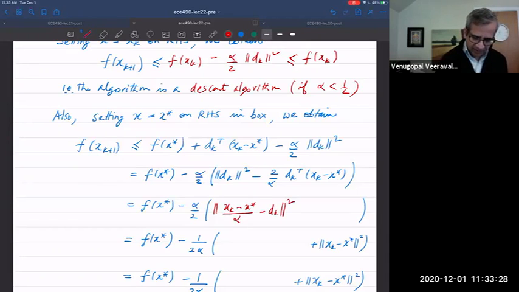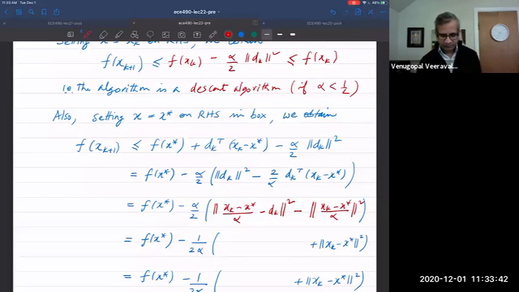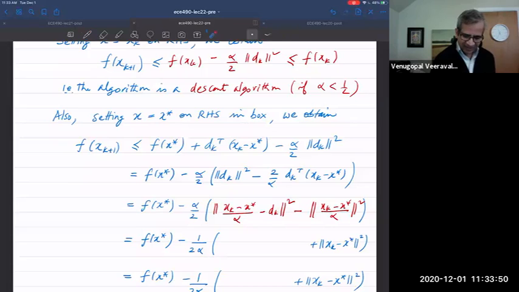So that's the complete square, and then I have to subtract out the term that I added to complete that square, which is xk minus x star divided by alpha. Right? And you can go back home if you're at home and verify that if I expand this out, I'll indeed get this.